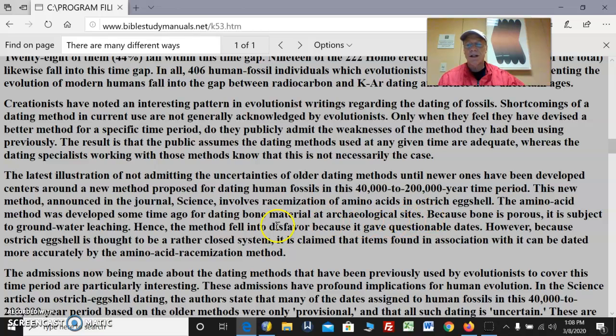Because bone is porous, it is subject to groundwater leaching. Hence, the method fell into disfavor because it gave questionable dates. However, because ostrich eggshell is thought to be a rather closed system, it's claimed that the items found in association with it can be dated more accurately by the amino acid racemization method.